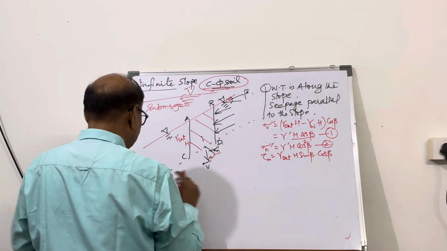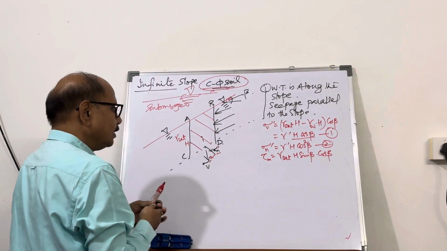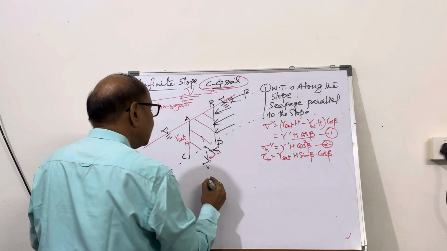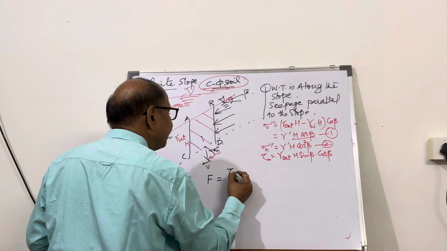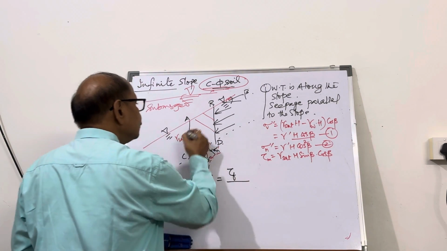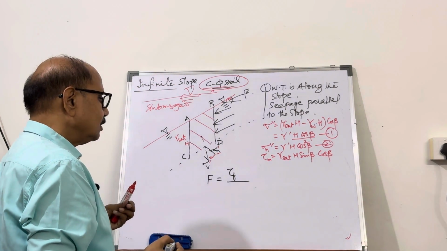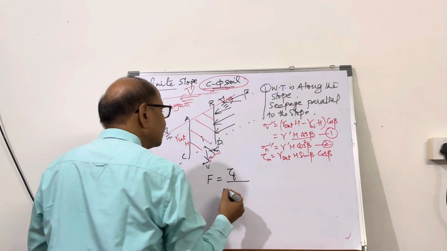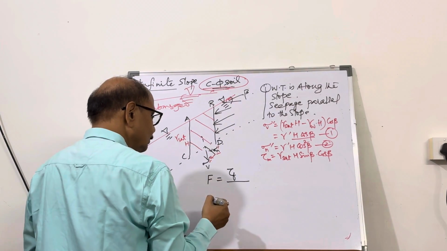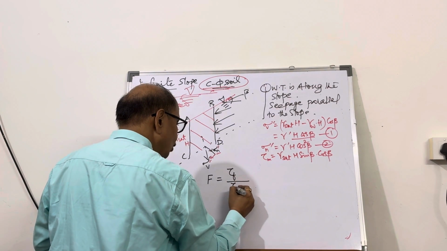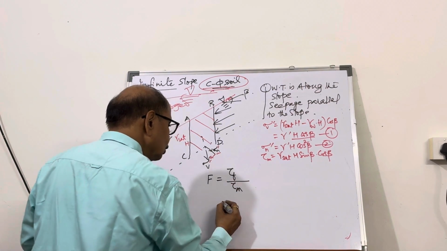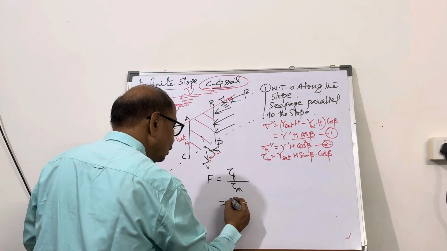The factor of safety, friends, for an infinite slope is going to be tau f, that is the shearing resistance along the failure surface at a depth h, divided by tau mobilized.